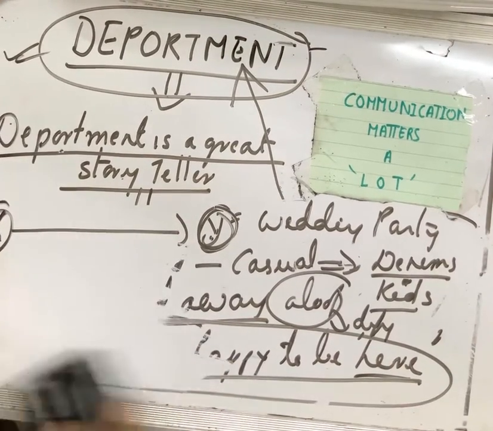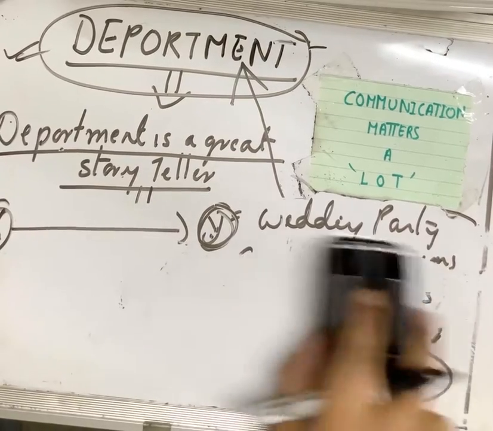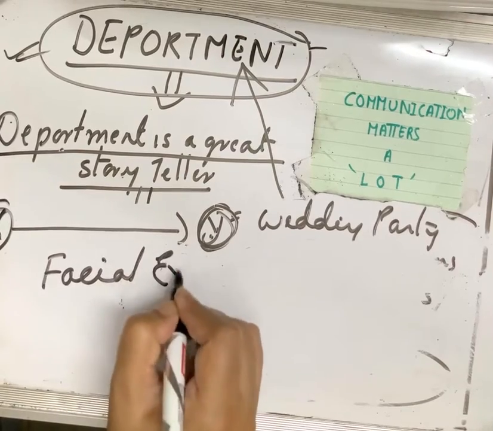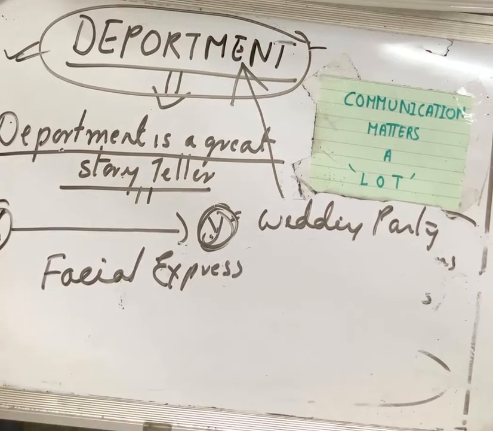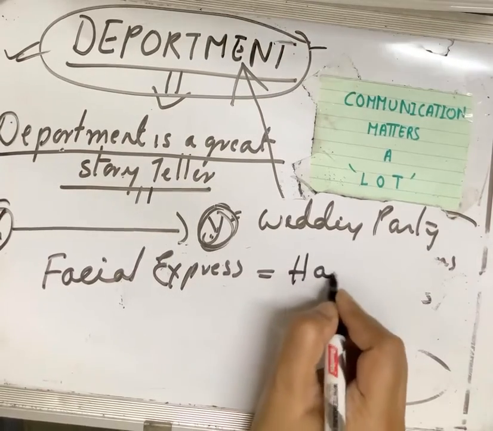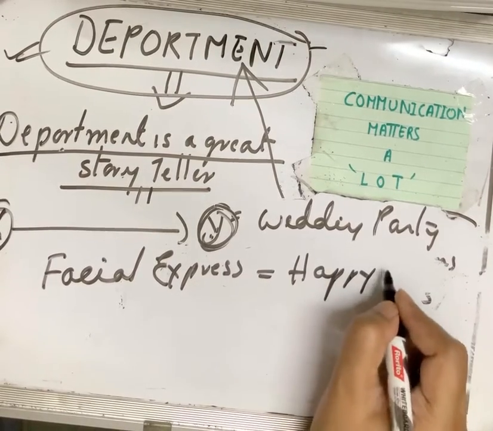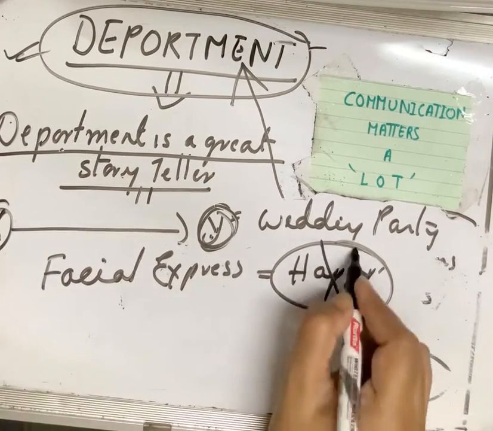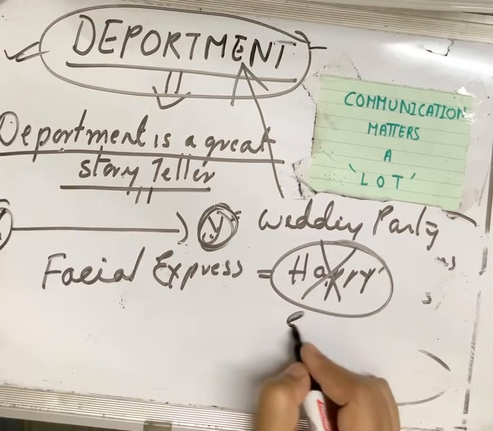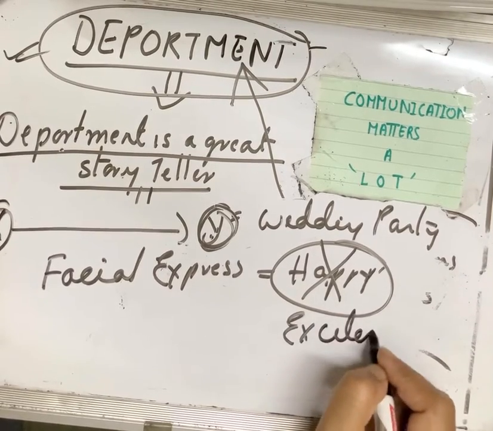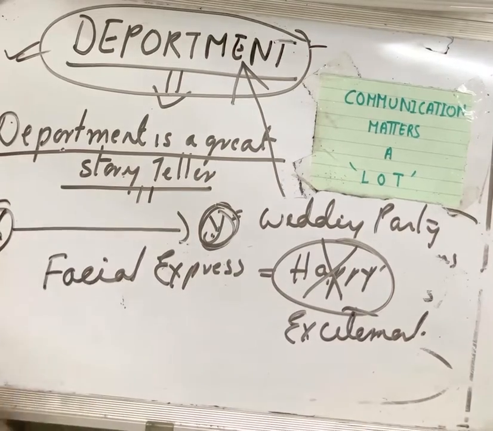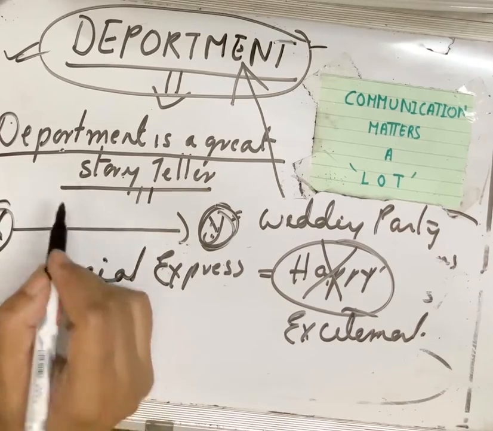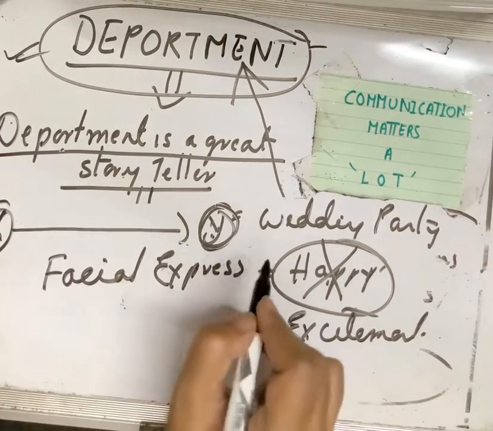So this will defy the message that I am so happy to be here. Second thing, apart from this space, is X's facial expression. If X is happy, that happiness should be on her face, but Y does not see any happiness. Y does not see any excitement on X's face. So will Y believe that X is happy to be here?